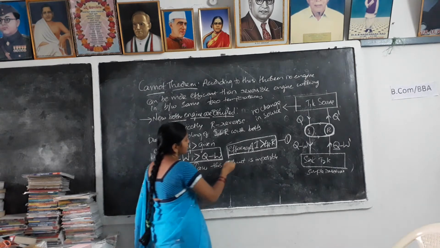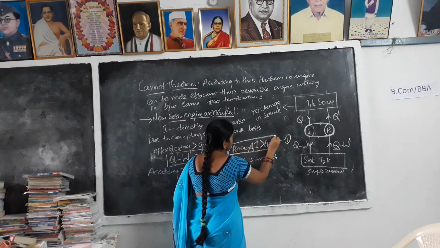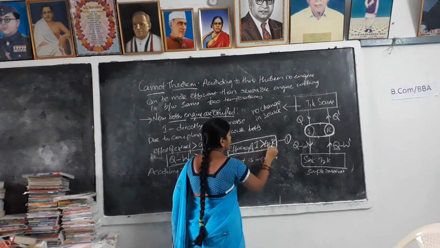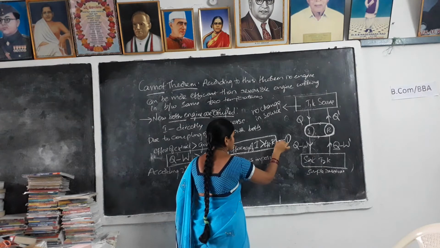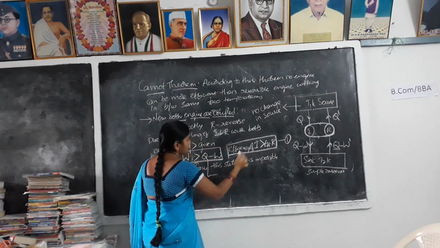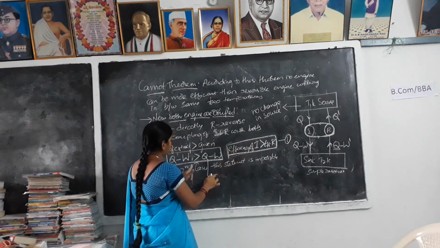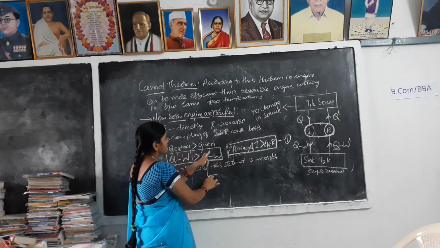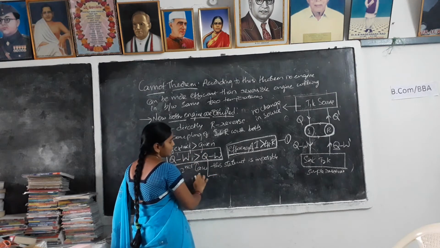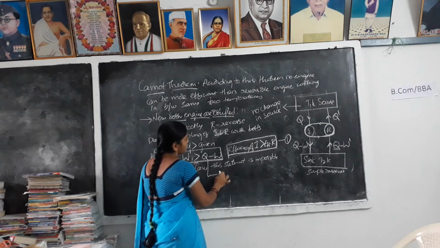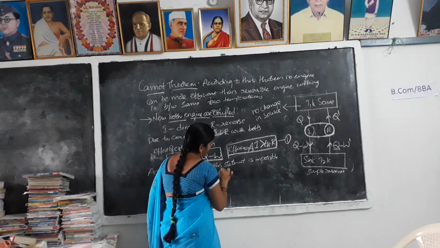So in the first statement we considered the efficiency of the irreversible engine to be greater than the efficiency of the reversible. In the second, by coupling those two bodies we get extract is greater than given. That means according to the second law of thermodynamics, this statement is also impossible.